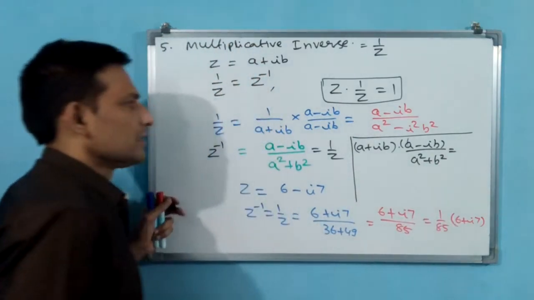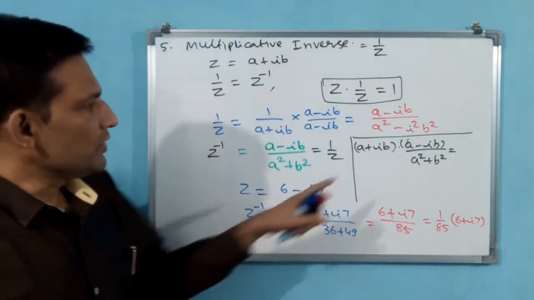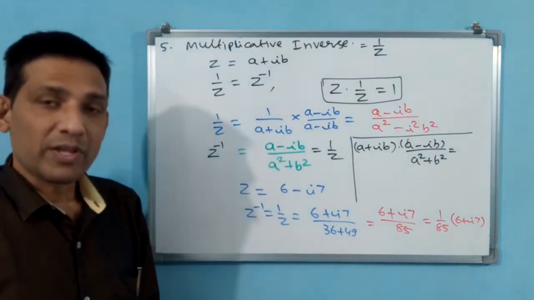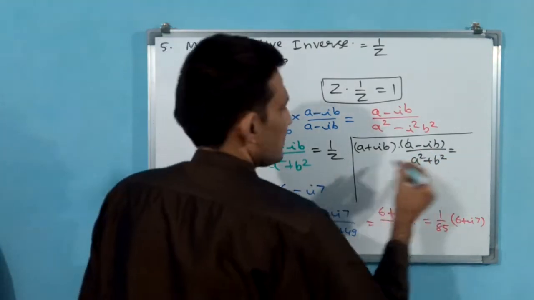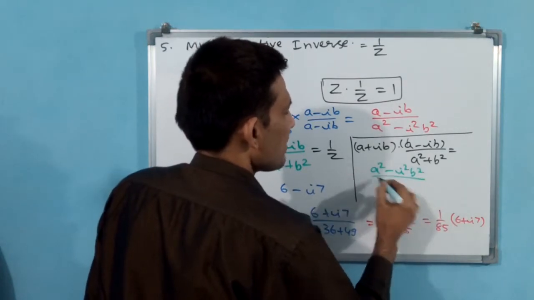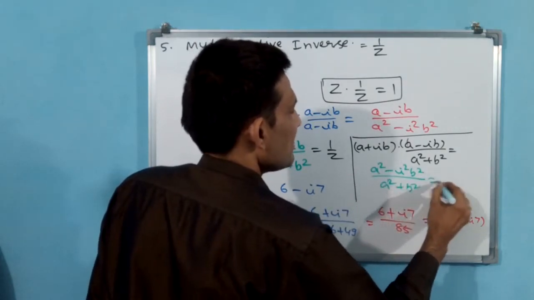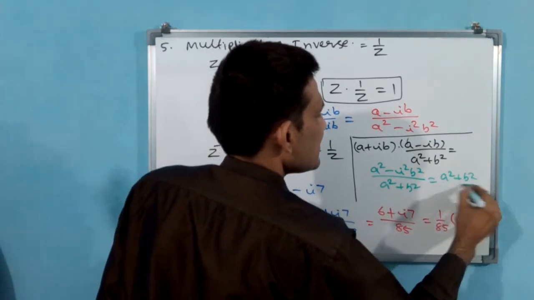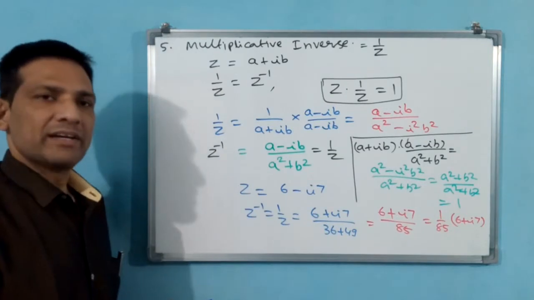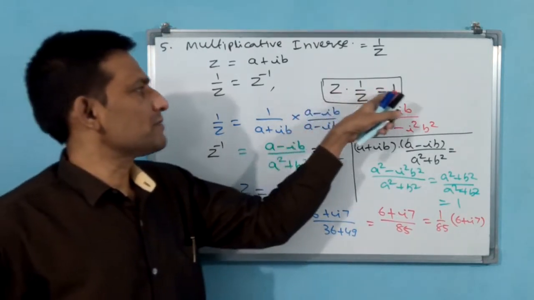Okay. Now you see, a plus ib into a minus ib gives a square minus i square b square by a square plus b square. The same is going to come again. Is it okay? Have we got proof of this?